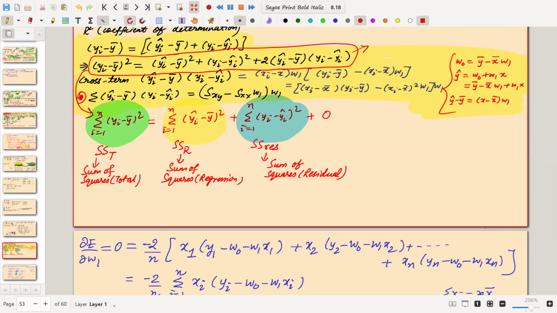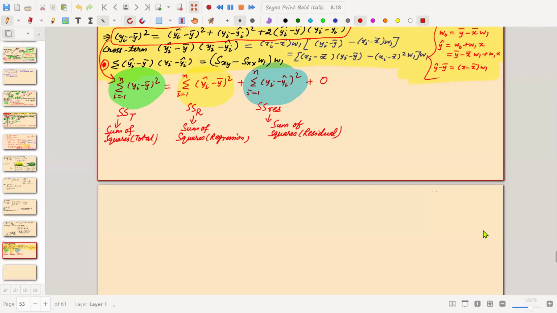It is the sum of squared residuals. Why is it a residual?